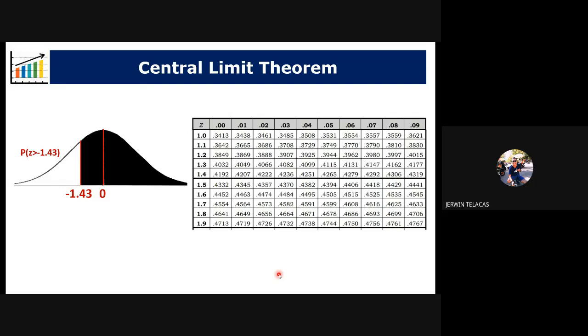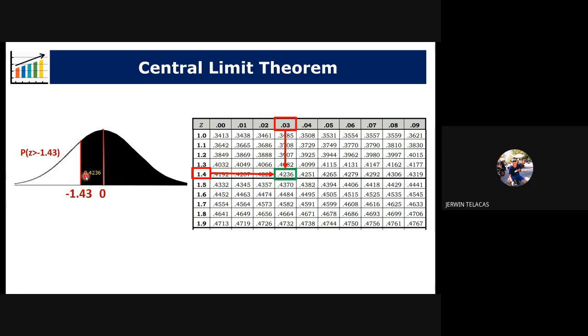Look at the z-table. 0.4236. Okay, very good. So where can we find negative 1.4? Here it is. Then the 0.03. And the point of intersection is, of course, 0.4236. So this is now the area between 0 and negative 1.43.